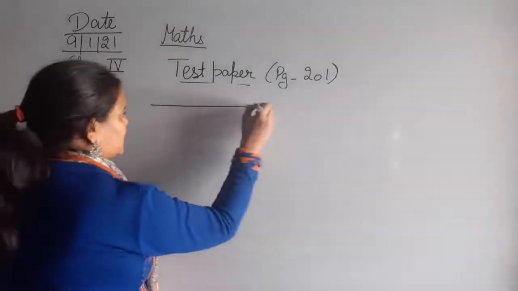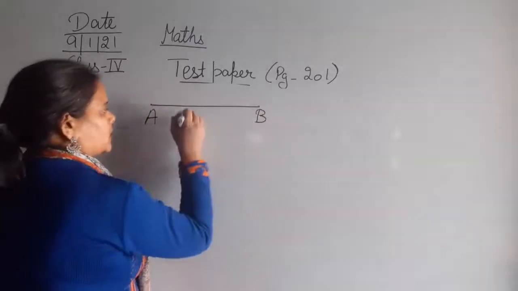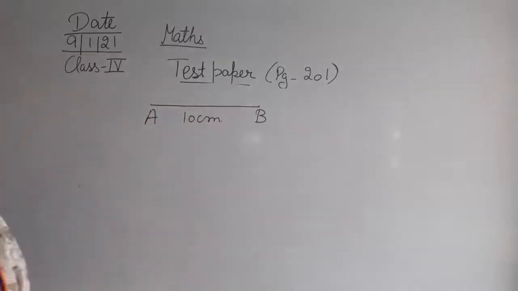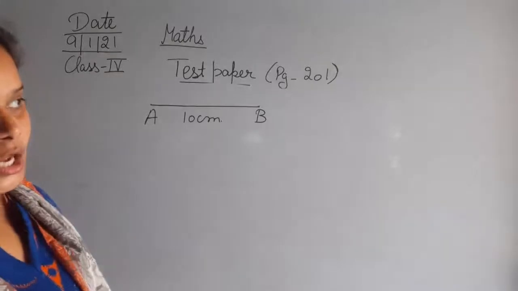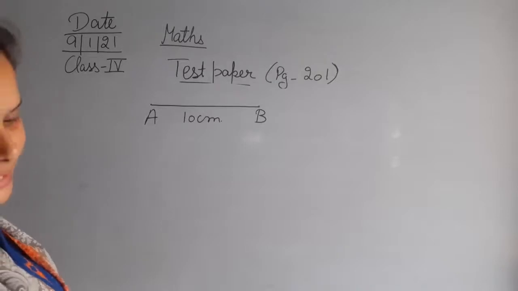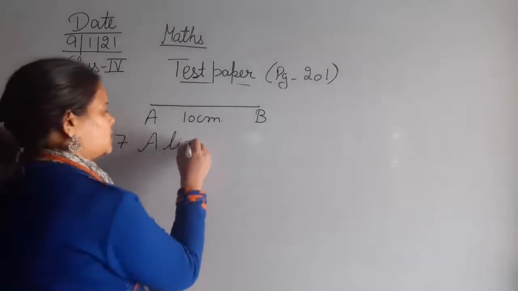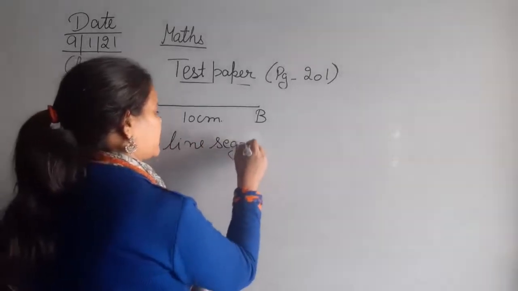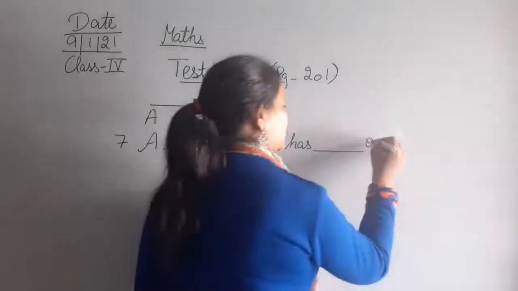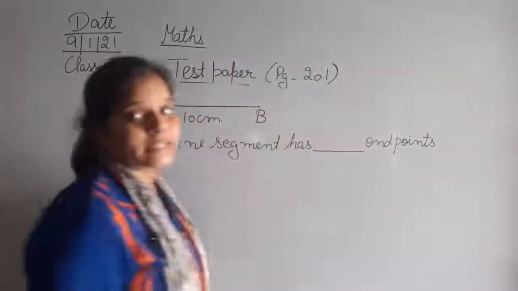So this is a line segment A and B, and it is of 10 centimeter. तो एक line segment के कितने end points हैं?